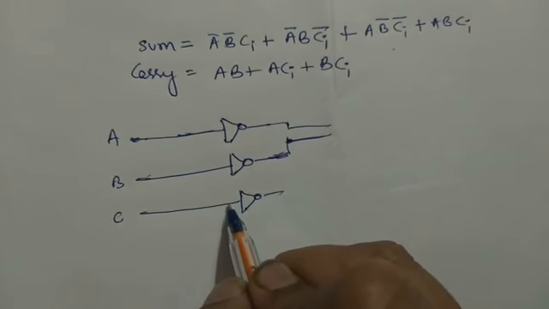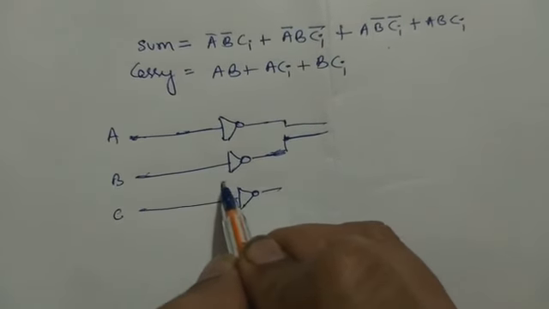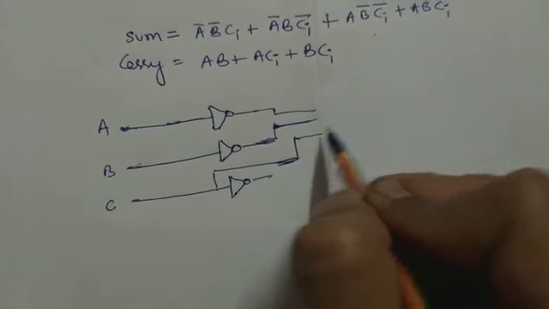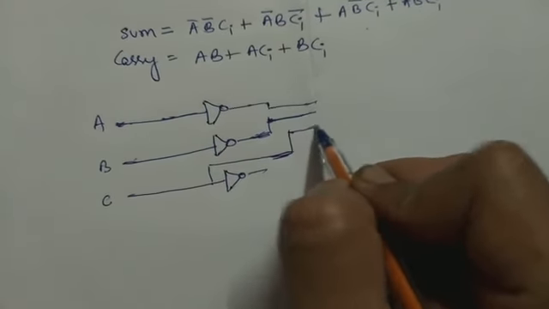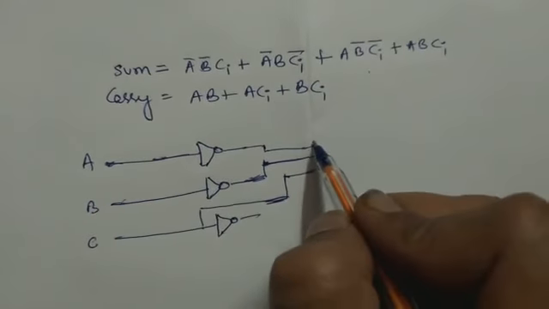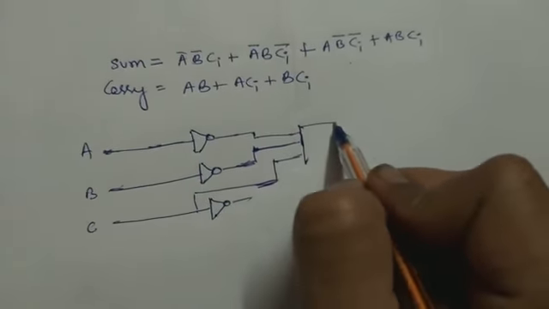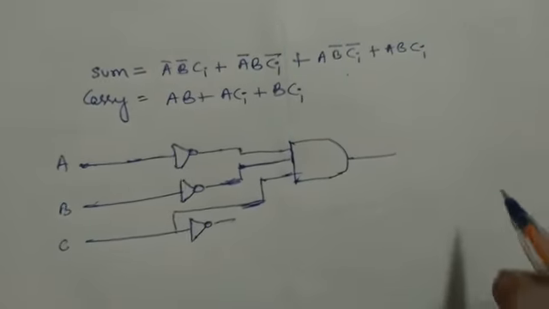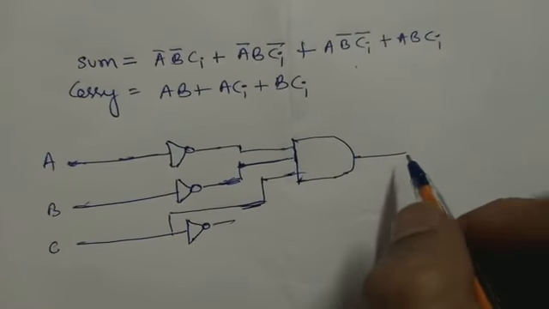And we have to multiply. So here we are getting A bar B bar.